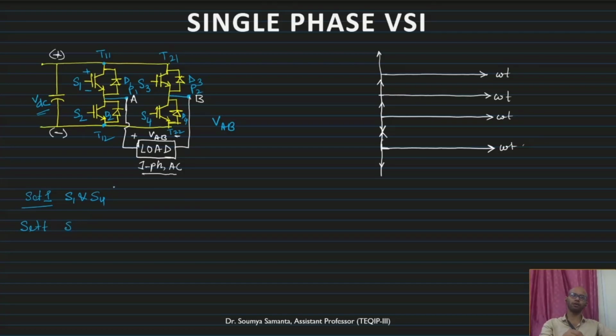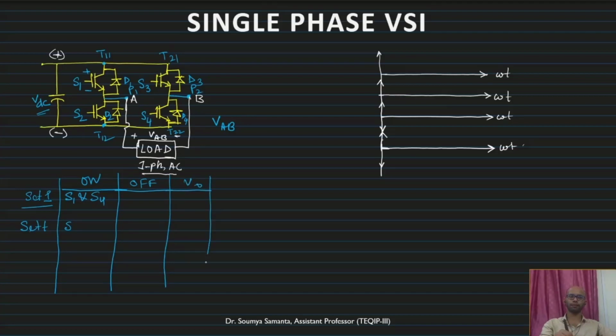If I make a column, I'll write the on switches here. Similarly, the off switches, the same thing I gave in the last class, and the output voltage VO, or here VAB as mentioned in the present picture.